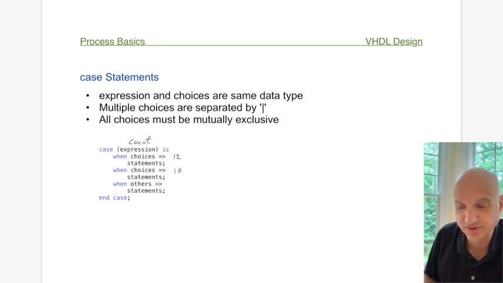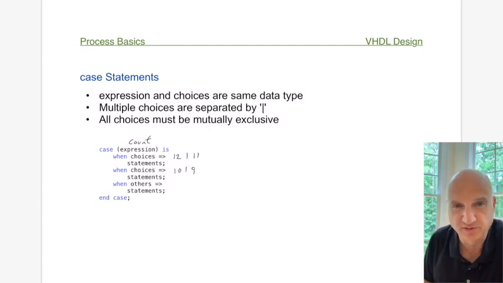These are choices. I could set up multiple choices by using the pipeline character, and so I could say if it's 12 or 11 or 10 or 9 or something like that.